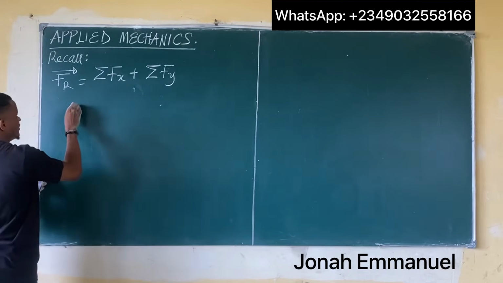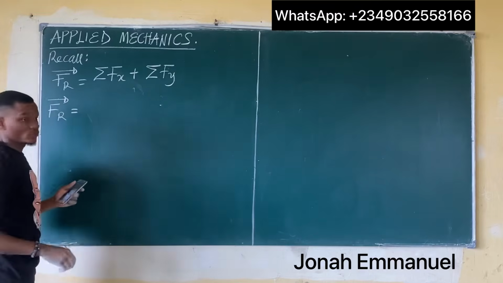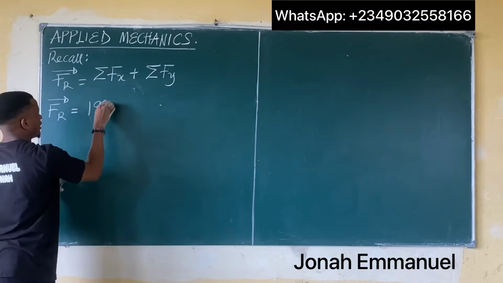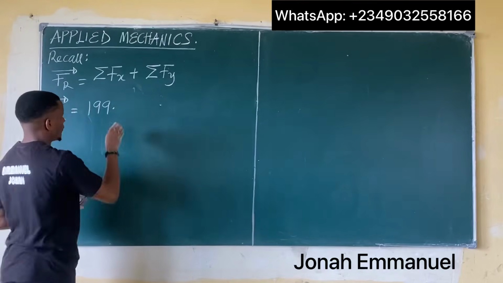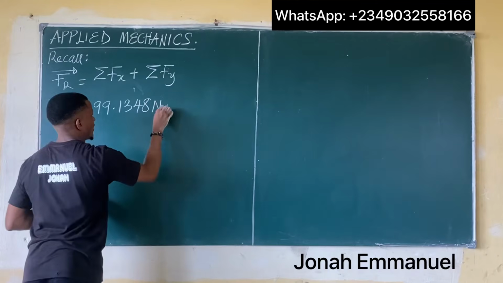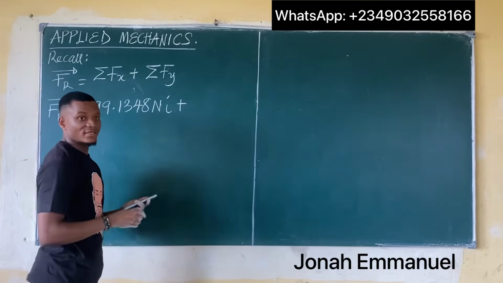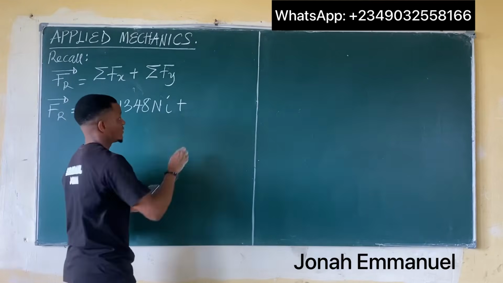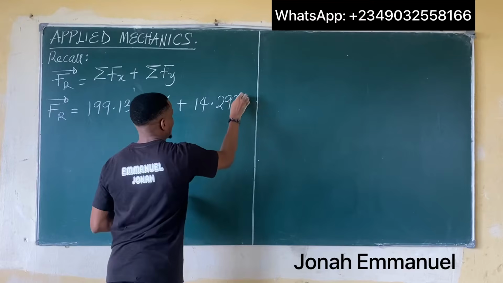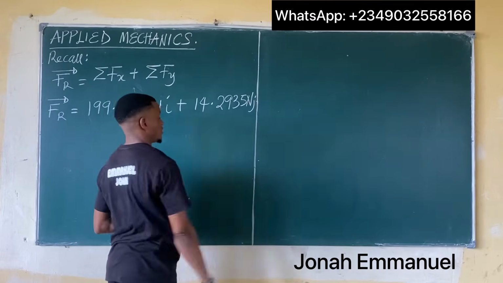Of course, my resultant force is now equal to, we got sigma Fx as 199.1348 Newton I, plus we got sigma Fy as 14.2935 Newton J.